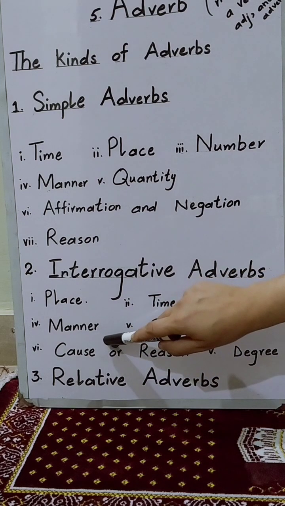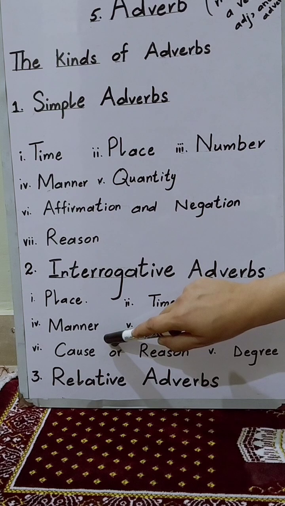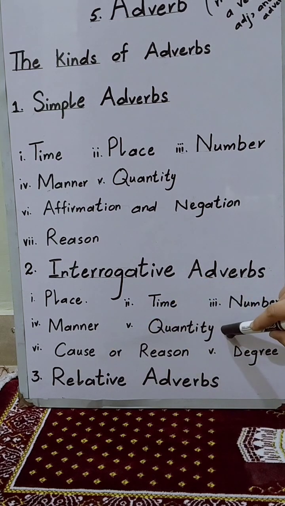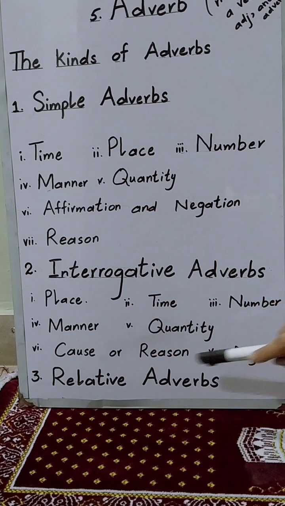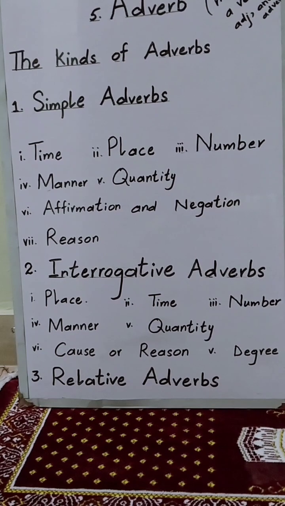Manner. How did you go? Quantity. How far or to what extent is this news true? Cause or reason. Why did you go there? Degree. Adverb of degree. How much is this?